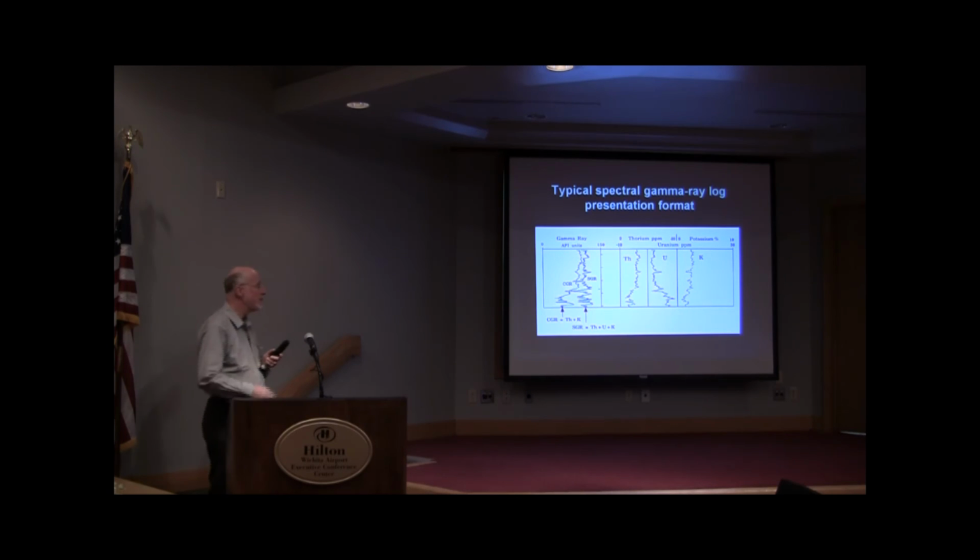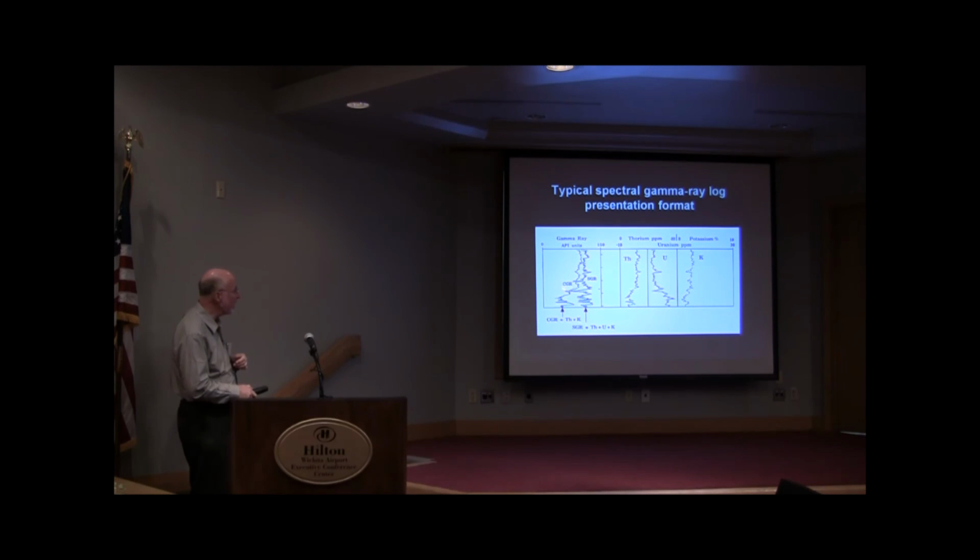And this is the typical presentation. Over in track 1, you'd see gamma ray API units, and you see something that's usually labeled SGR. Some people say the S stands for standard, other people say spectral, but this would be what you would measure on just a conventional gamma ray log.